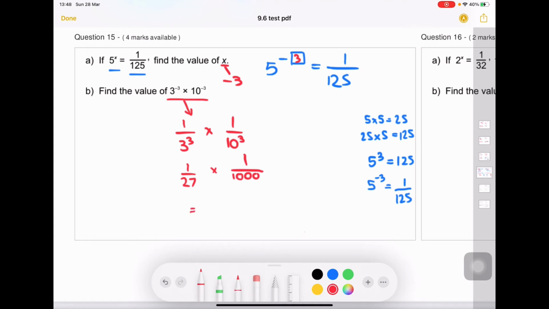And 1 over 27 multiplied by 1 over 1000 is just 1 over 27 times 1000. So the final answer is 1 over 27,000.